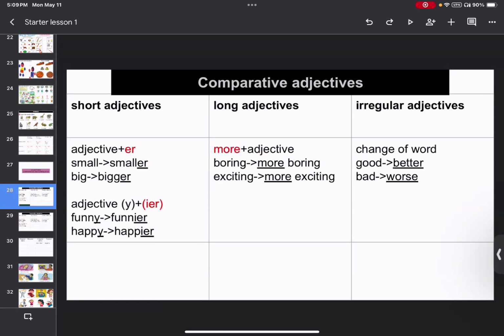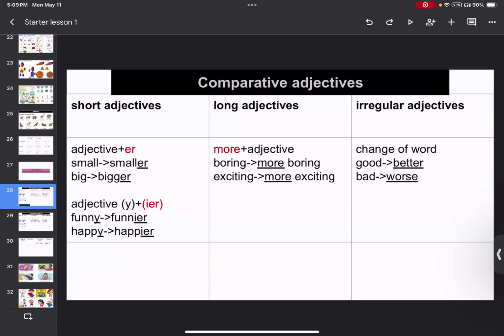For the ones without Y at the end, you add ER, and the ones with Y at the end, you add IER. So for the first set, you have small, smaller, big, bigger, funny, funnier, happy, happier. The short adjectives are like five letters: small is 5 letters, big is three, funny is five, happy is five.